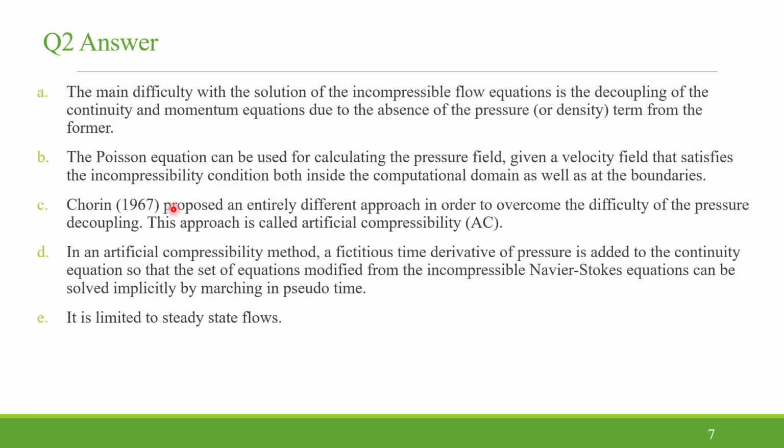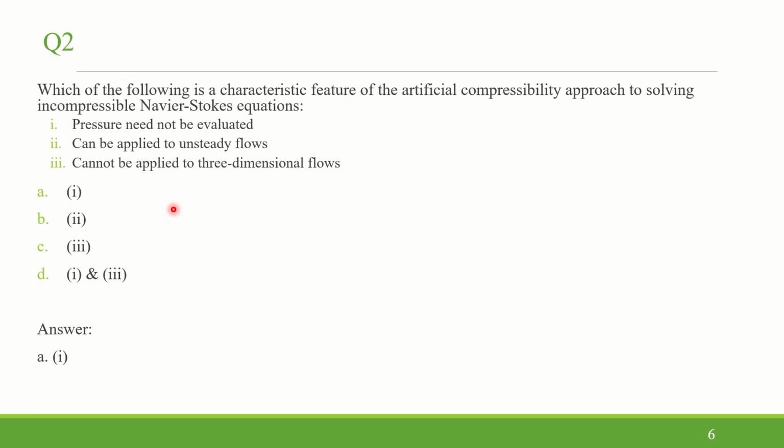So in the question, if we go back, what was asked? Which of the following is a characteristic feature of the artificial compressibility approach to solving the incompressible Navier-Stokes equation? So as we know now, the answer is pressure need not be evaluated, because the artificial compressibility approach can be applied to steady state flows.